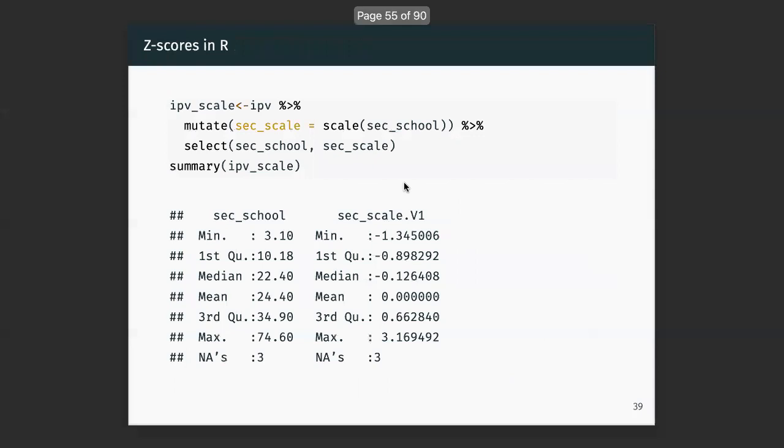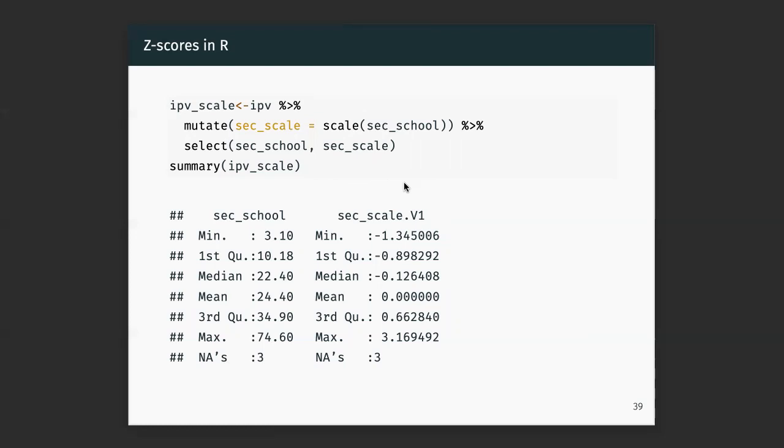Okay, so why the hell would we do this? Let's look at our secondary schooling variable. Secondary schooling is on this percentage scale, but we don't really know compared to what. Is 3 high, is 3 low, is 74 high, is 74 low? We want to maybe compare those countries that are low on the value to those countries that are high on the value.